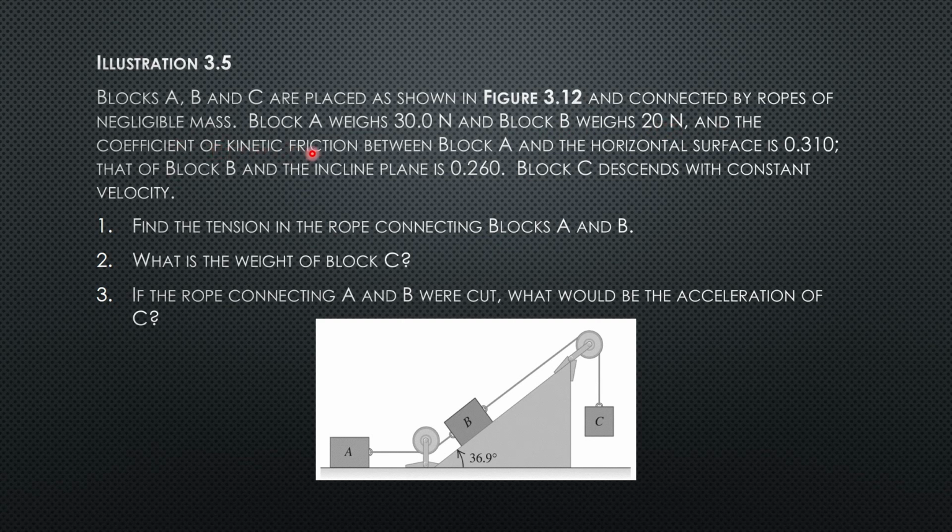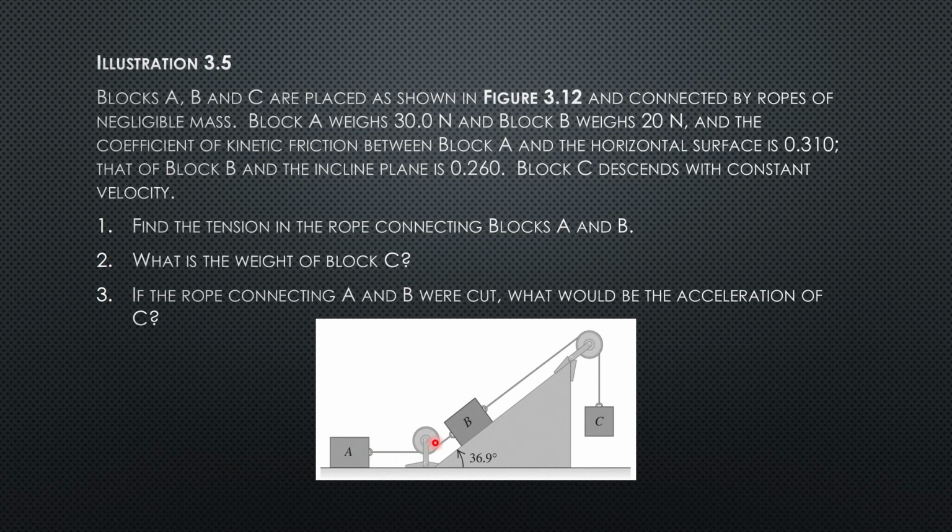The coefficient of kinetic friction between block A and the horizontal surface is 0.31. That of block B and the inclined plane is 0.26. Block C descends with constant velocity. Find the tension in the rope connecting blocks A and B.